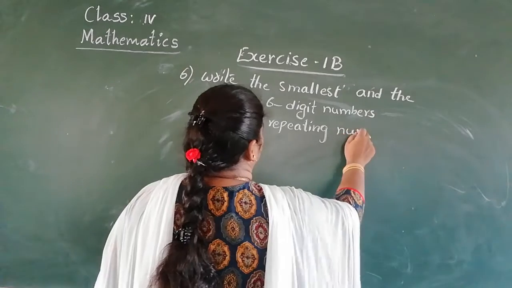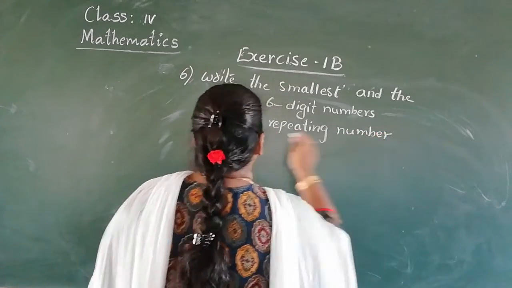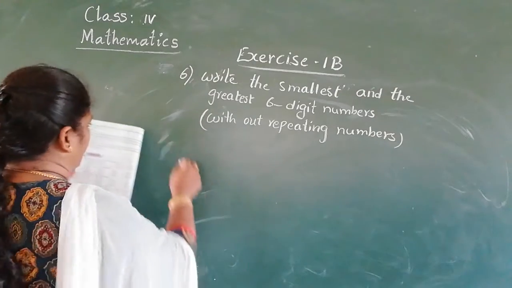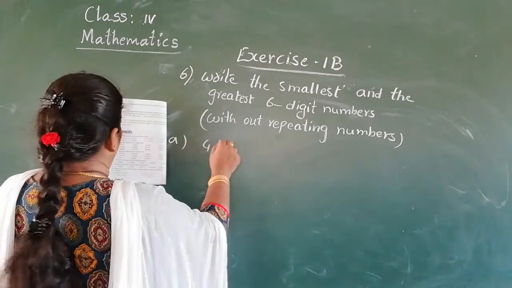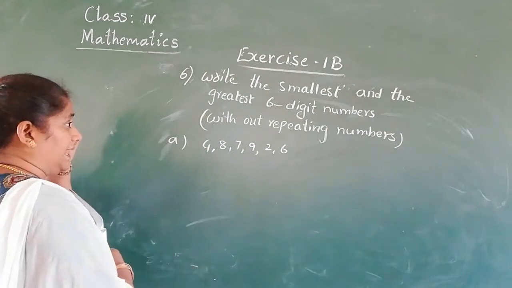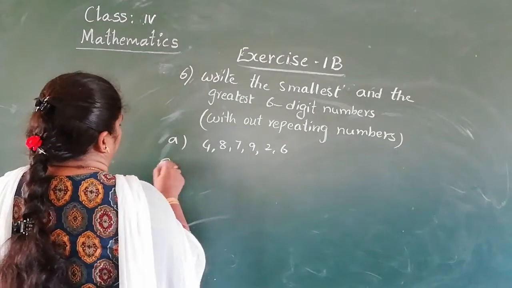This is the last one, Nana. So all of you note down. And first one, 4, 8, 7, 9, 2, 6. So how to form the smallest and the greatest number?